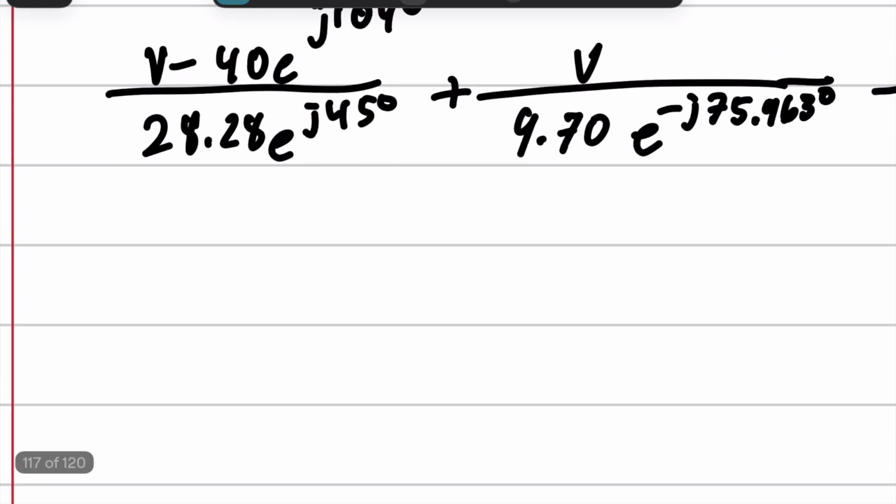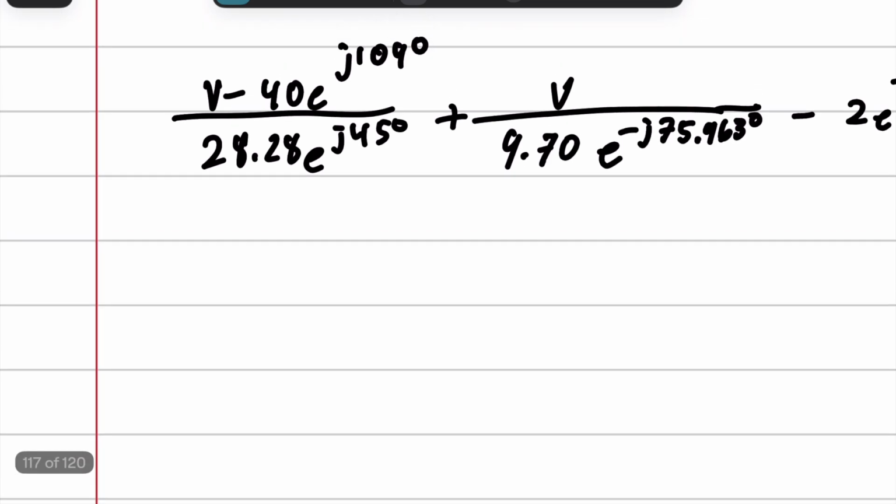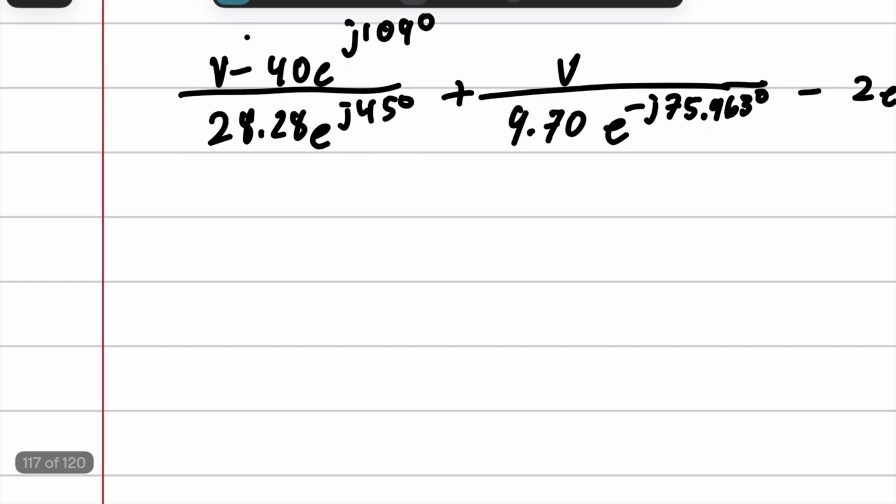Okay, so now we're going to simplify everything. I'm going to move all of the exponents into their right places rather than on the bottoms. So this has to be split up down the middle.